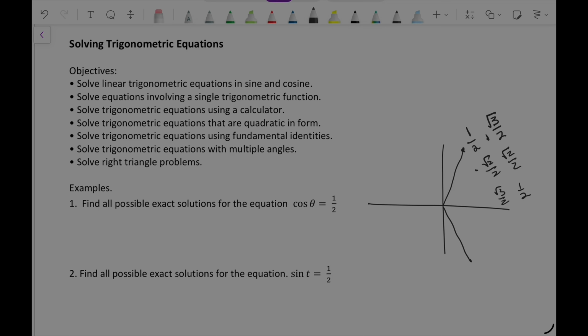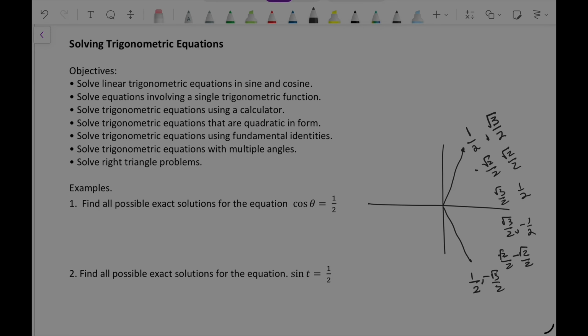So 1, 2, 3, 1, 2, 3. Down here, same thing, 1 over 2, negative root 3 over 2, root 2 over 2, negative root 2 over 2, root 3 over 2, negative 1/2. And that's just quadrants 1 and 4. We would have on our unit circle the same things, just reflections and different sign values in quadrants 2 and 3.